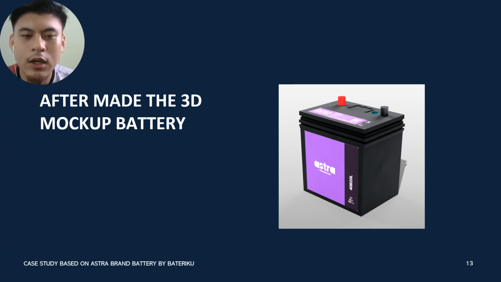So what is the result after making the 3D mockup battery? It should reduce the time taken to do the commercial activity, and also reduce the cost to get the result.